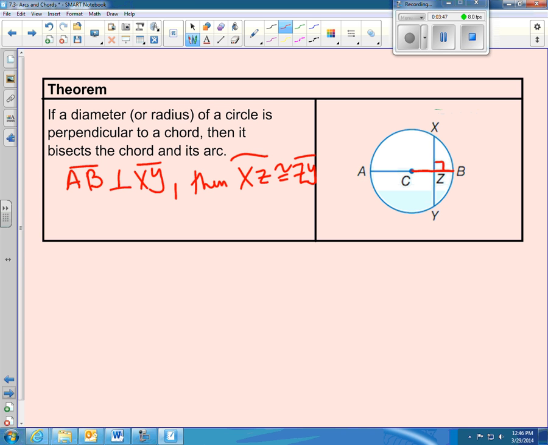Those are two parts of that chord. And the measure of the arc XB is congruent to the measure of the arc BY. So XZ and ZY are congruent, and XB and BY are also congruent. That only happens when it's perpendicular.